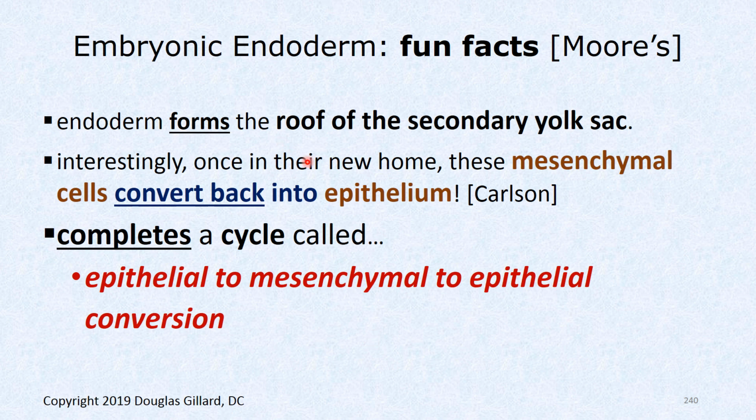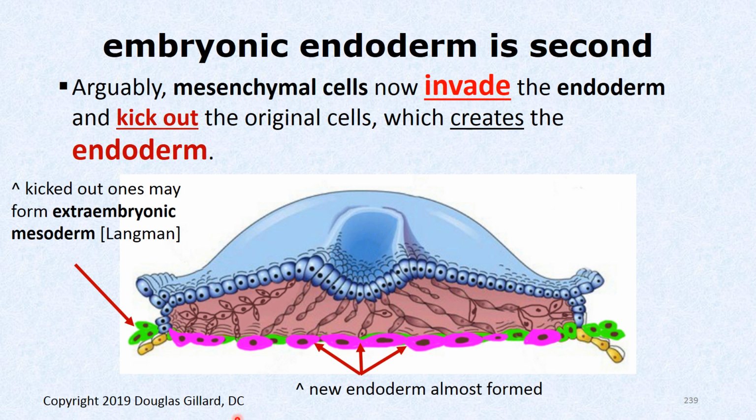Okay, fun facts. Endoderm forms the roof of the secondary yolk sac, right? So the yolk sac is right under here. Amniotic cavity would still be up here. We just have all the walls cut off. There's the amnion, just a little stub of the amnion there. Okay, there's the wall there, Heuser's membrane.